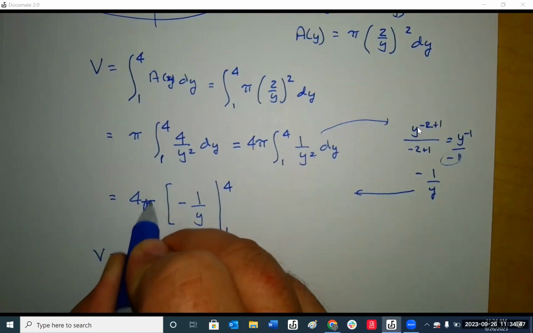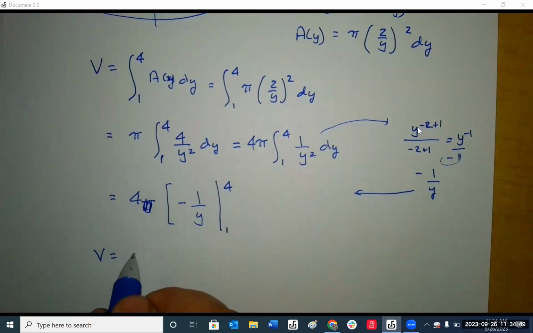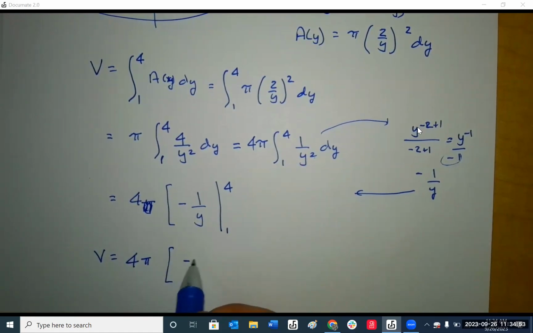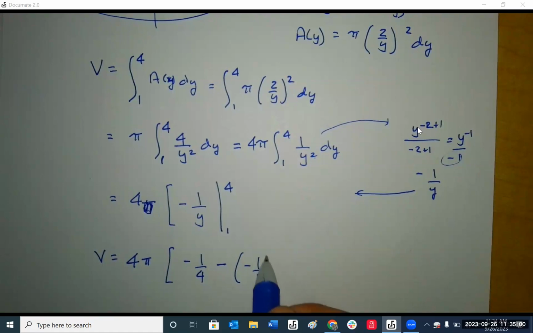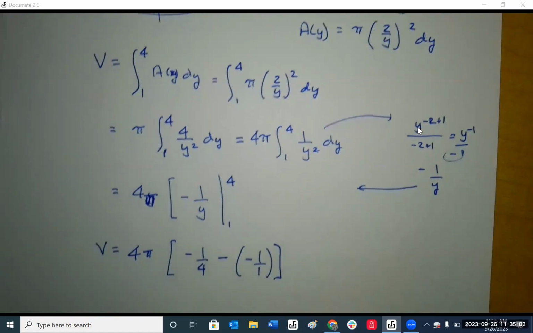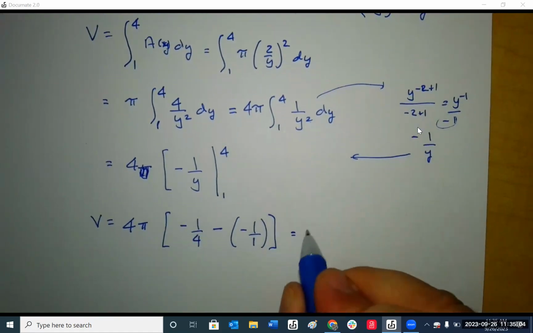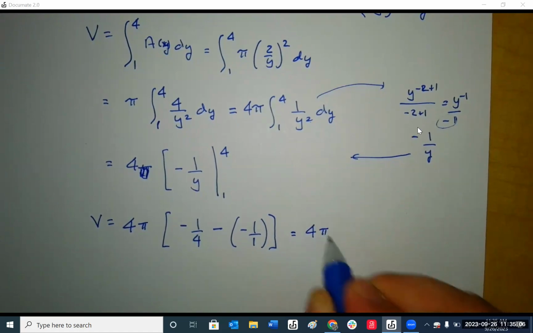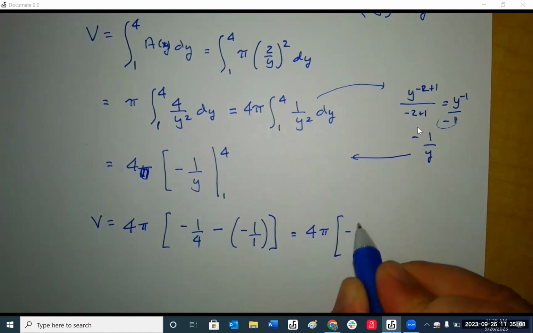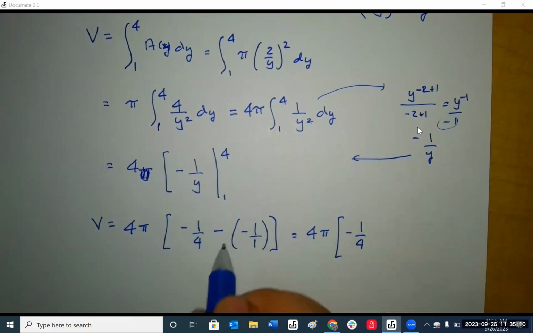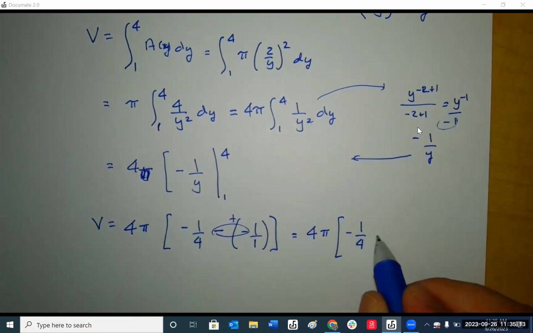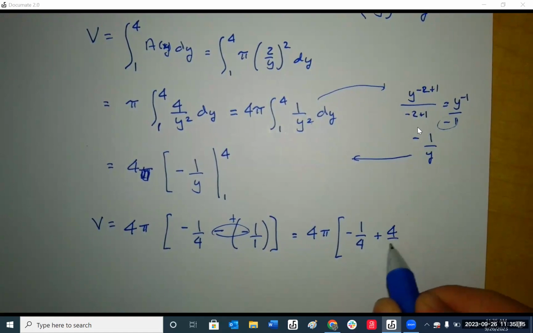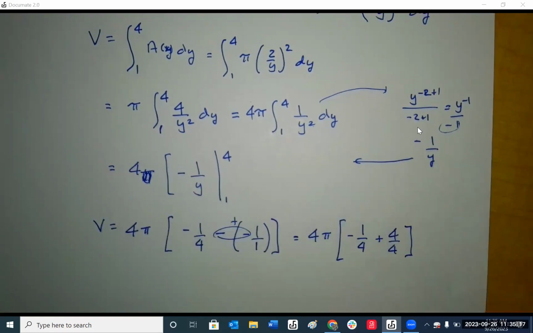4 pi, not y. -1 over 4 minus -1 over 1. This turns into a plus. It becomes 4 over 4.